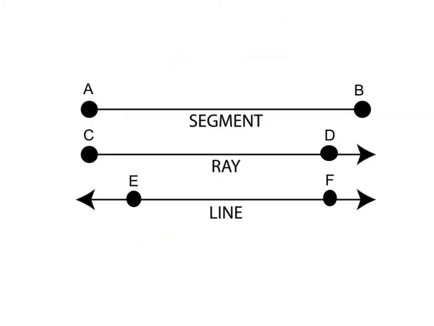So let's review. I'm wondering, how many segments, rays, and lines can you name in this picture? Did you name line segment AB, which we can write either line segment AB, or we can turn it around and call it line segment BA?